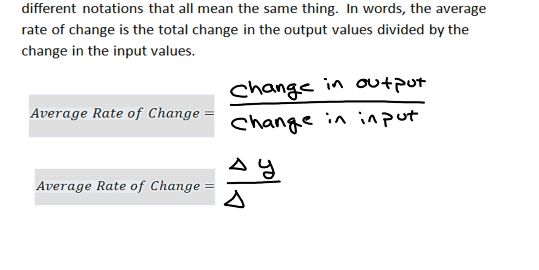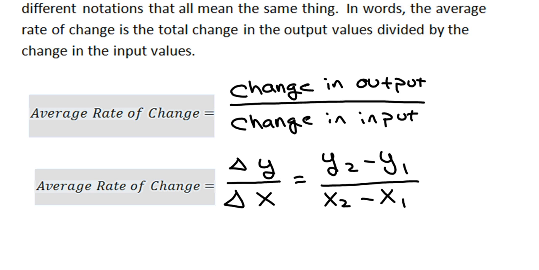And the input variables we often refer to as the x values, the values along the horizontal axis. And then the third way to talk about average rate of change would be the difference in two y values, y2 subtract y1, divided by the change in the input variables, the change in the x values, x2 subtract x1.